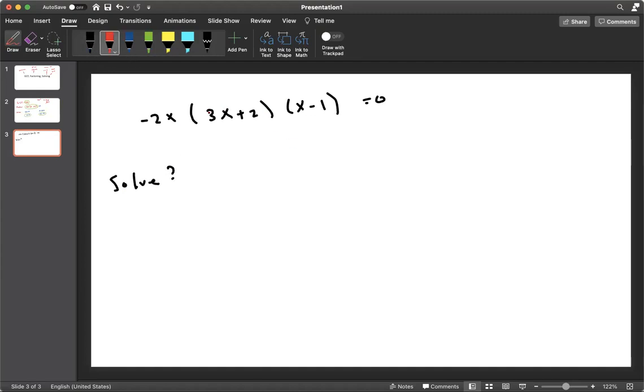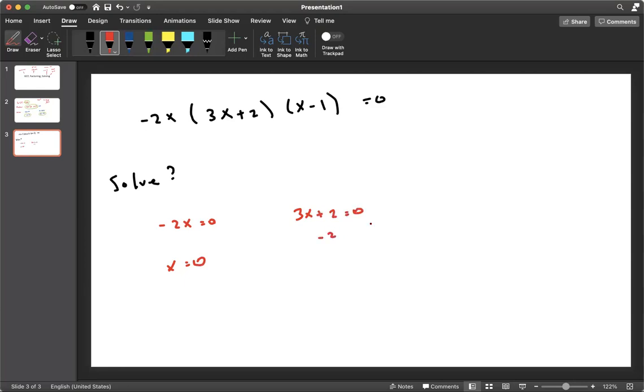We would solve by setting each of these 3 parts equal to 0. So negative 2x equals 0, and x is equal to 0.